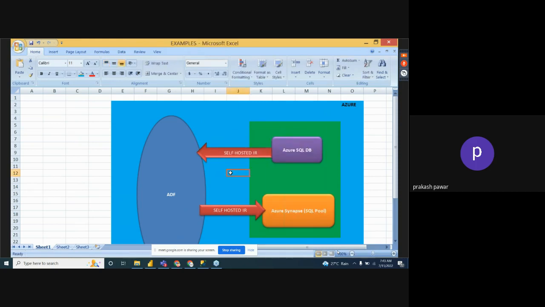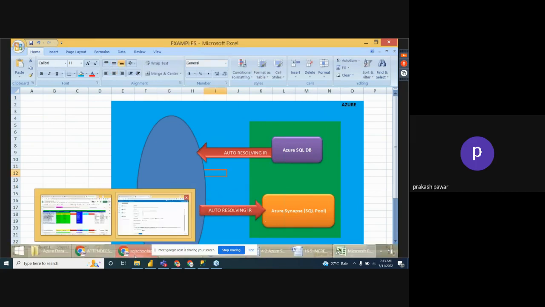Neat concept. Auto resolving IR, we call it. We'll talk about self-hosted separately. So here also we call it auto resolving IR.